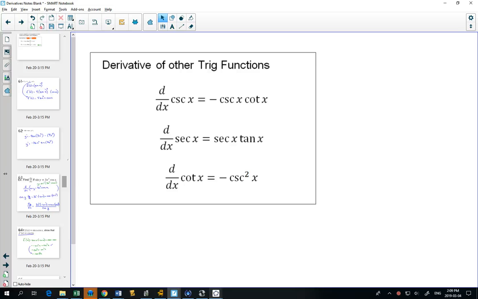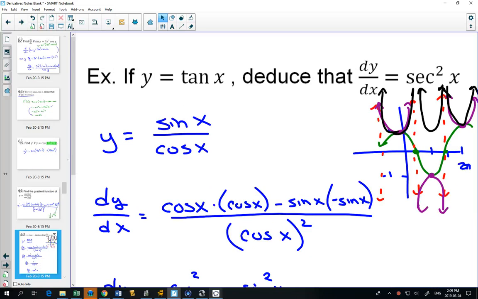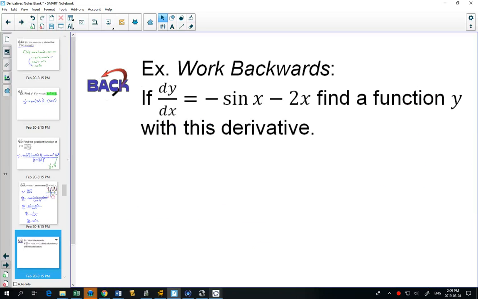We're not there yet. We are on this slide right here. Someone's done the derivative already, and they got negative sine x minus 2x. What function did they have originally?